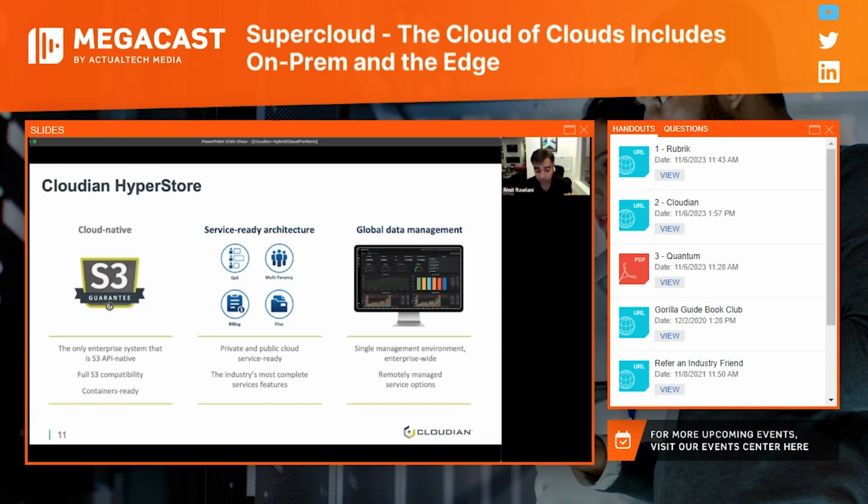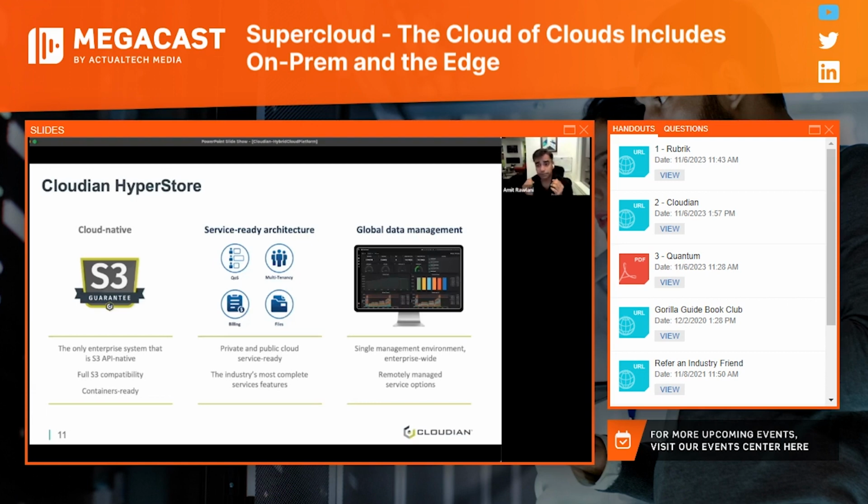You can build your own cloud services, whether it's for your internal organization, offer different department S3 services, or being able to offer services outside as a business, right? So we also work with hundreds of MSP customers across the world that are offering S3 services with Cloudian. Lastly, Cloudian's global management tools gives you deep insights into your data networks.